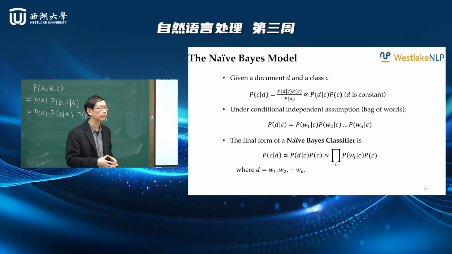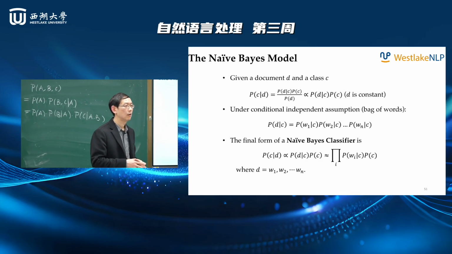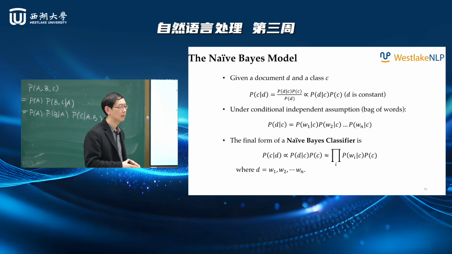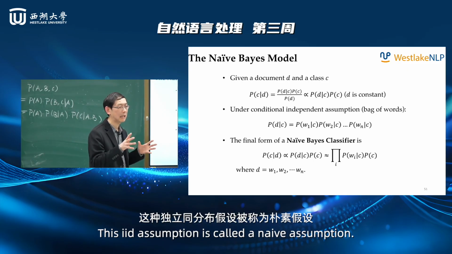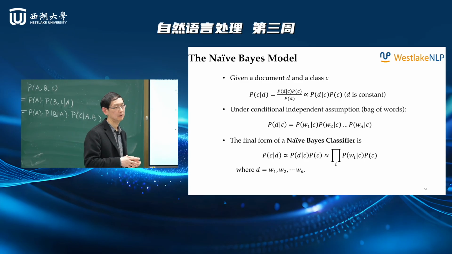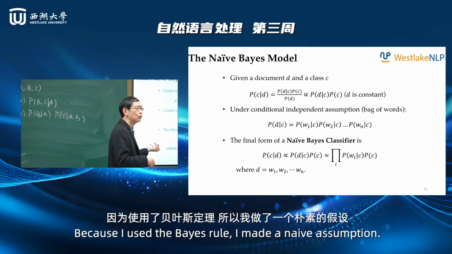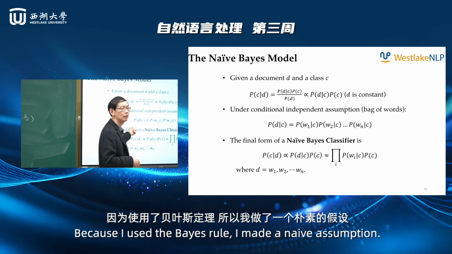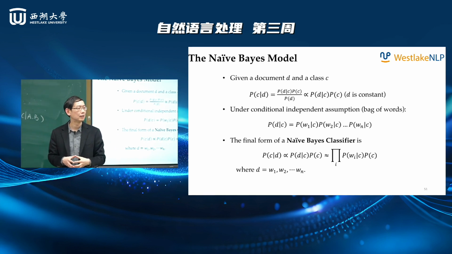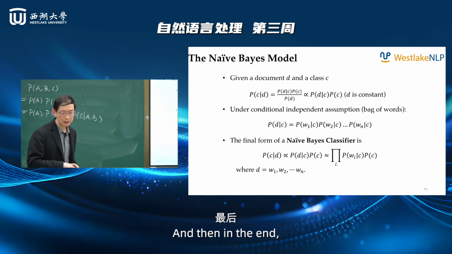Conditioned on C. A unigram language model is a bag of word model. This independence assumption is called a naive assumption. Very simple, very naive. Okay? So, because I used the Bayes rule, I made a naive assumption. This model is called a naive Bayes model.